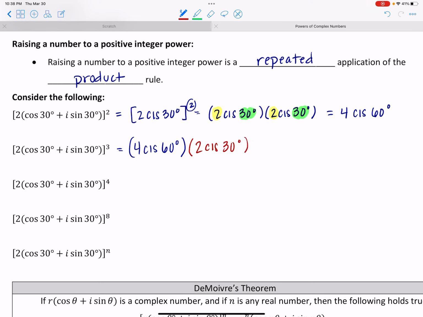So what happens is we end up with, again, a product of our absolute values. So the 4 times the 2 is going to give us an 8. And then we're going to find the sum of the angles. And so the 60 here plus the 30 here gives us 90. And so we end up with 8 cis 90 on this one.